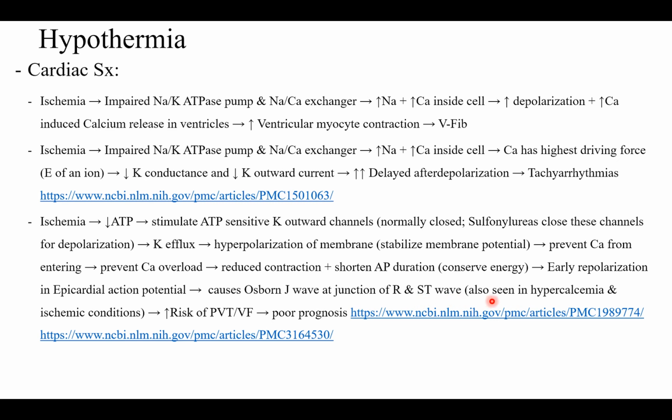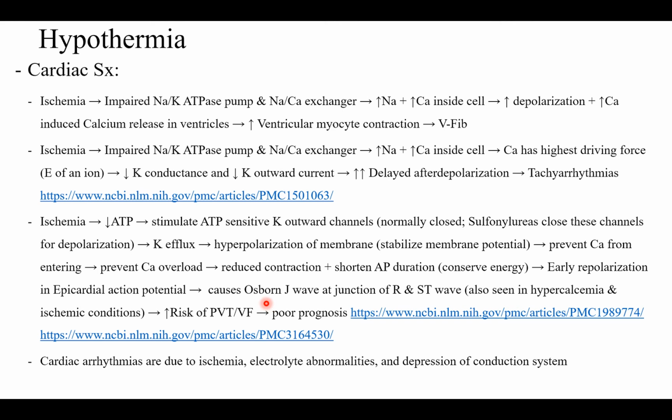As I mentioned, it's also seen in hypercalcemia and ischemic conditions, and this significantly increases the risk of PVTs and ventricular fibrillation, and indicates a poor prognosis for that particular patient.